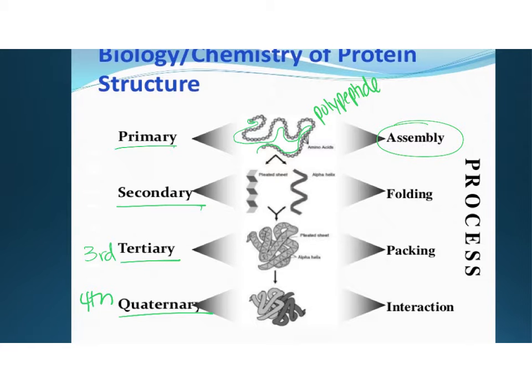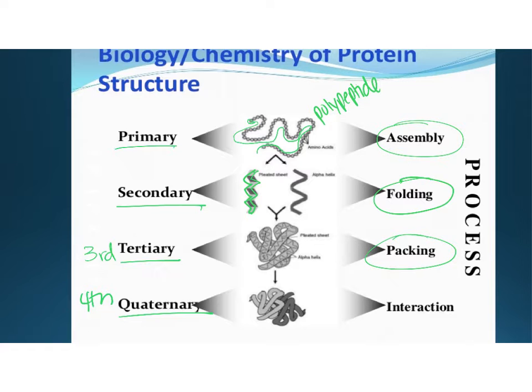Then we move to the secondary process where it begins to fold. So you get these foldings of those amino acids, and they curl around and fold next to each other, and they keep condensing into the folding process. Then they take their folded selves and pack it all together into a specific ball.